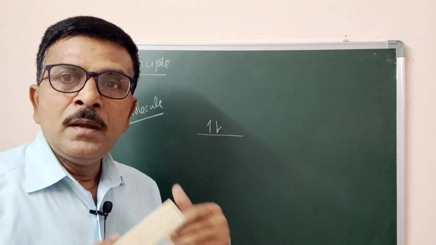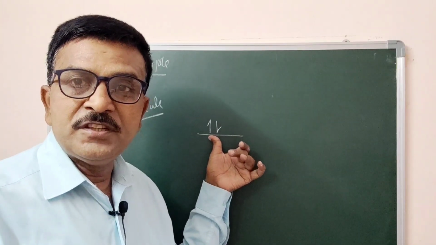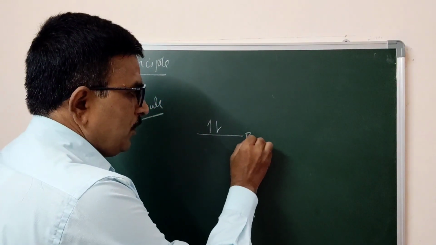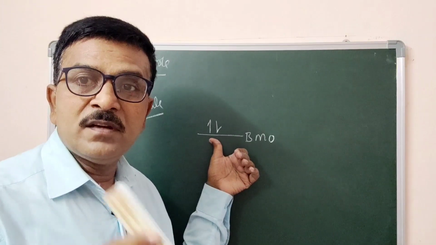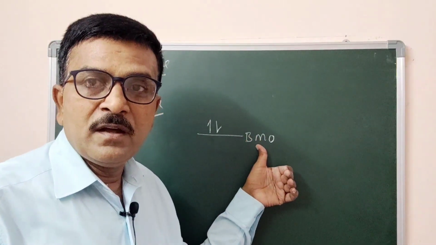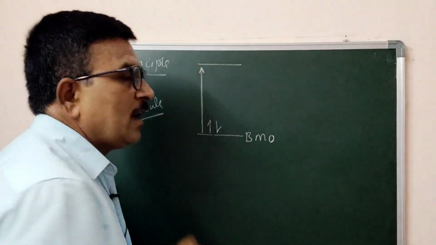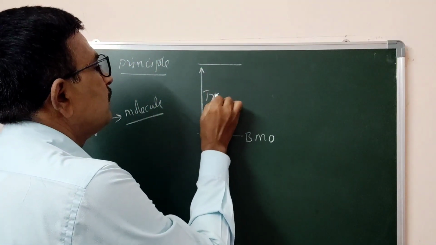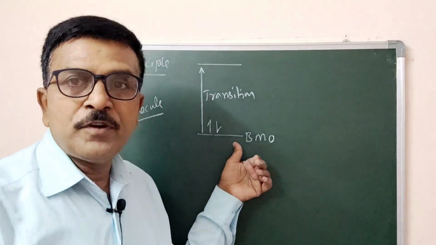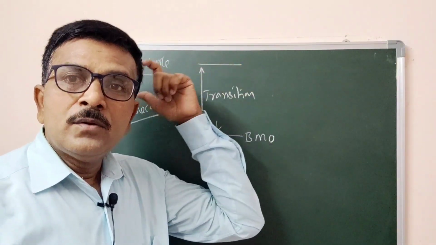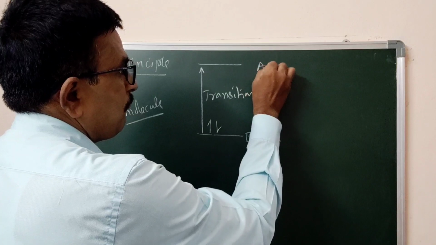The electrons existing in the orbitals of lower energy, that is the bonding molecular orbitals (BMO) of the molecule, undergo transition. An electron is shifted from the bonding molecular orbital to the orbitals of higher energy level, that is the anti-bonding molecular orbitals (ABMO).